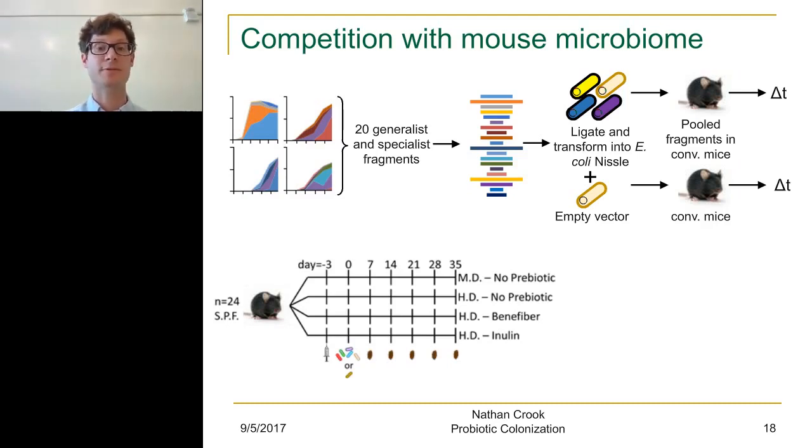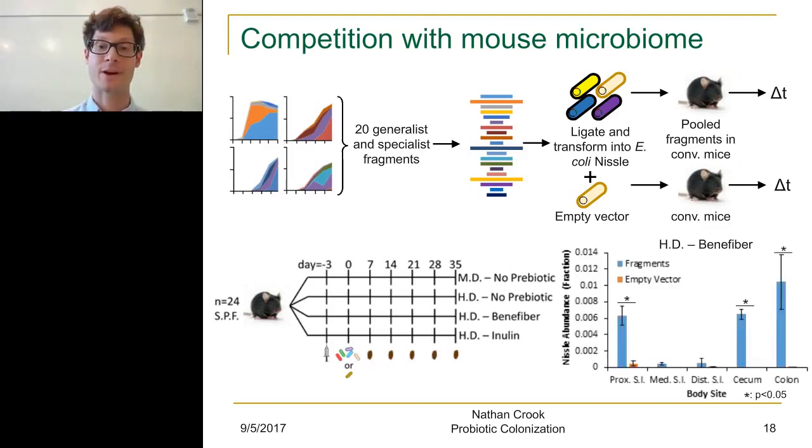E. coli Nissle can't colonize at all in these mice without prior antibiotic knockdown. This actually kills a lot of the resident microflora. So this is definitely a simpler, less complex case than a conventional mouse, but it's more complex than the germ-free mouse. So it's an interesting stepping stone toward colonization of a conventional mouse microbiome.